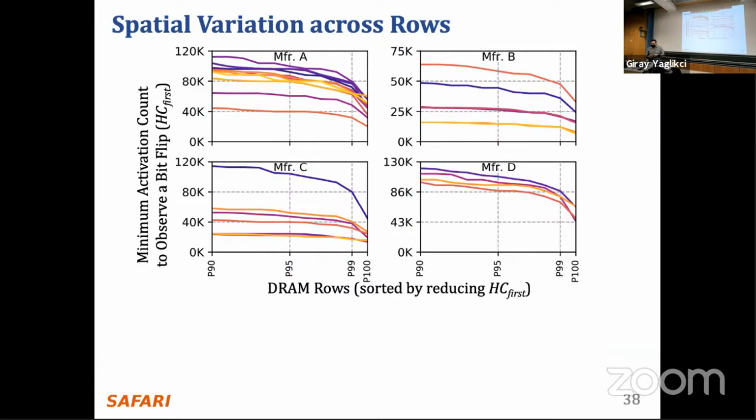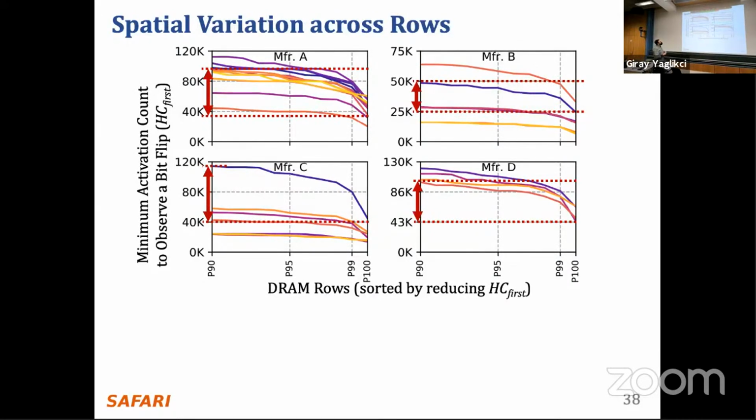And then, since it's more relevant to the defense mechanisms, we focus on the most vulnerable 10% of the rows here. We observe that the most vulnerable 10% of the rows experience bit flips at activation counts about half the HC first of the rest of the rows.